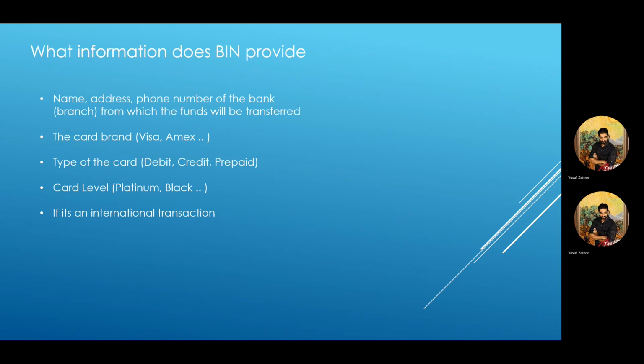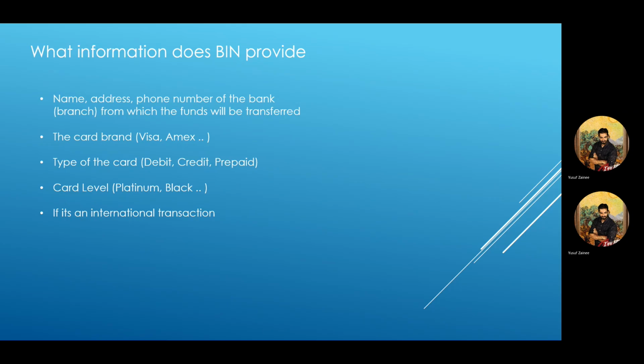And it also has the location, because it has the name, address, etc. of the bank which is issuing it. So it knows from which location this card has been issued. Let's say it is issued in India, it will have the information for some Indian branch of HDFC.